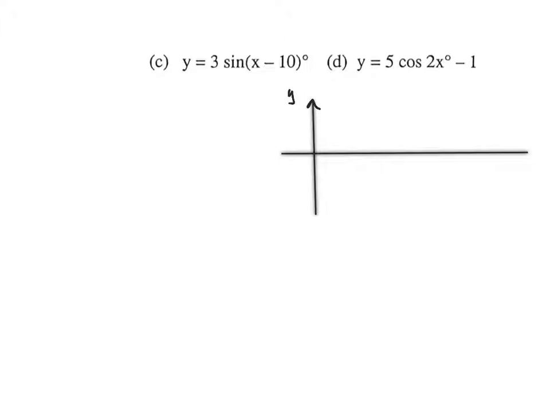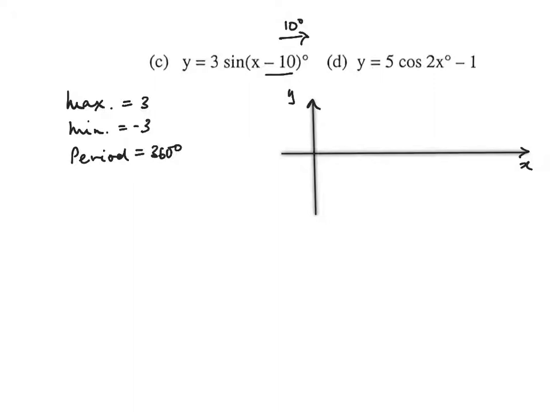So part C. Now the maximum is 3, the minimum is minus 3, and the period is 360 degrees. But this negative 10 degrees means that it's been shifted to the right by 10 degrees.